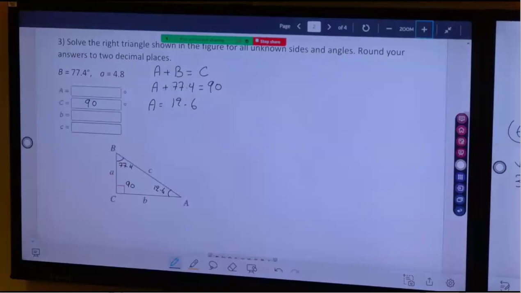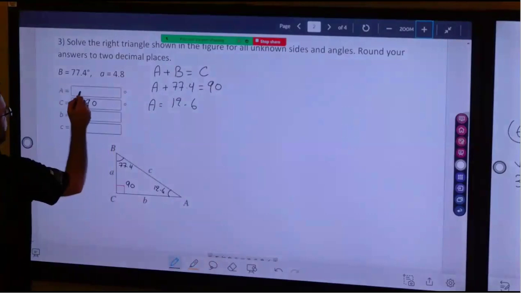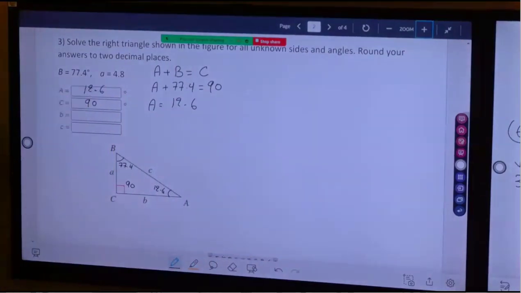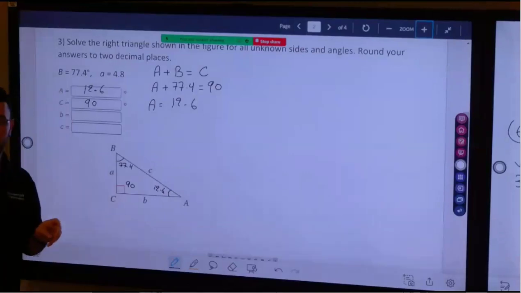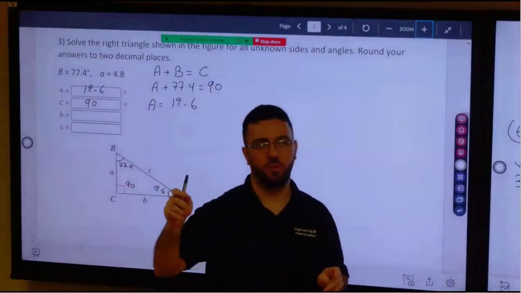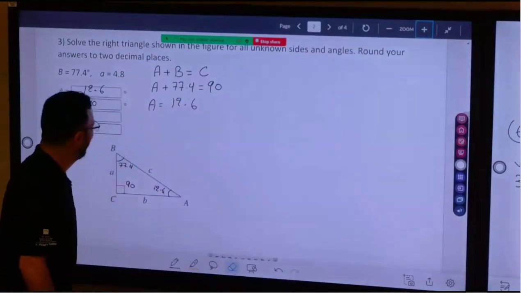Okay, now here's the thing. I have the value of A is 12.6. Which angle do you want to use to find the side B? Is that a 19 or a 12?